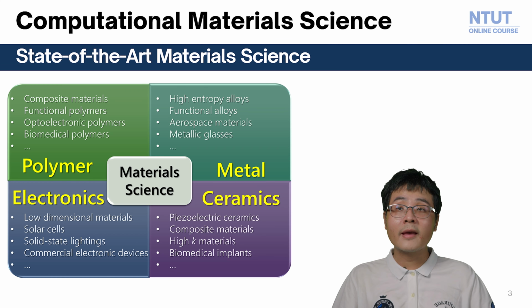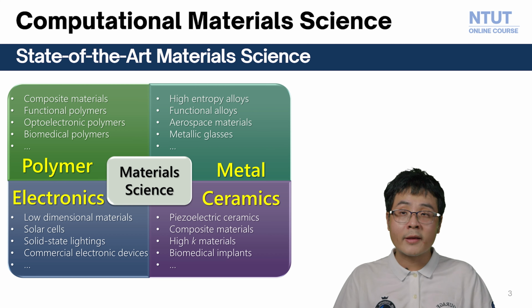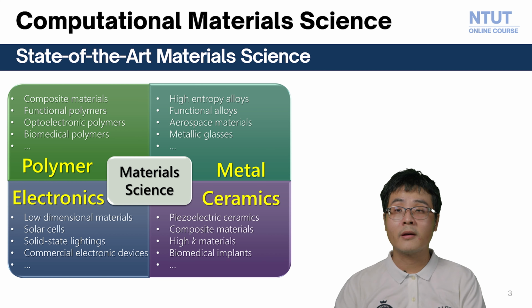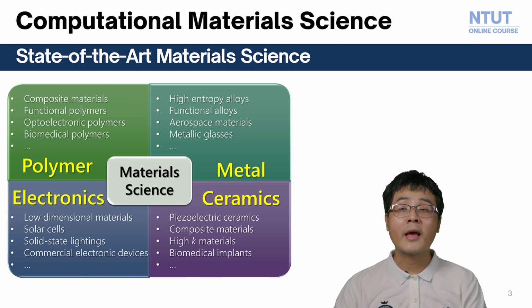So for state-of-the-art material science, we typically classify materials science by the material type. For example, we have polymer, metal, ceramics, or electronic materials.